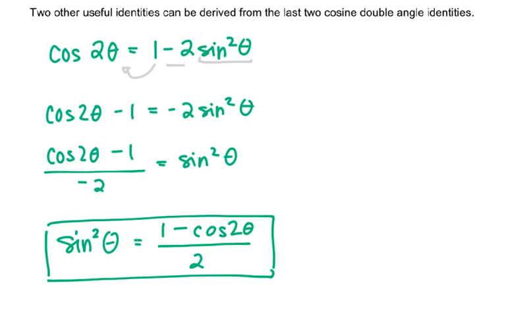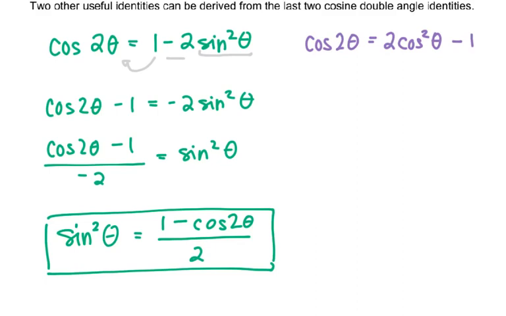So what I did there was I reversed. When I divided by that negative, that made this negative and this one positive, so I rewrote them. We've got that one angle, which we've derived from the double angle identities, as well as I can take the fact that I know cosine 2 theta is 2 cosine squared theta minus 1.